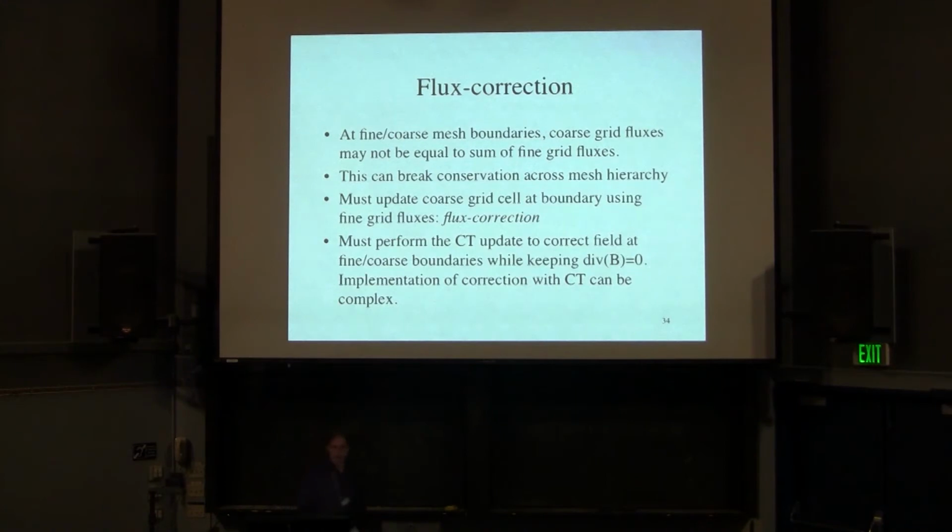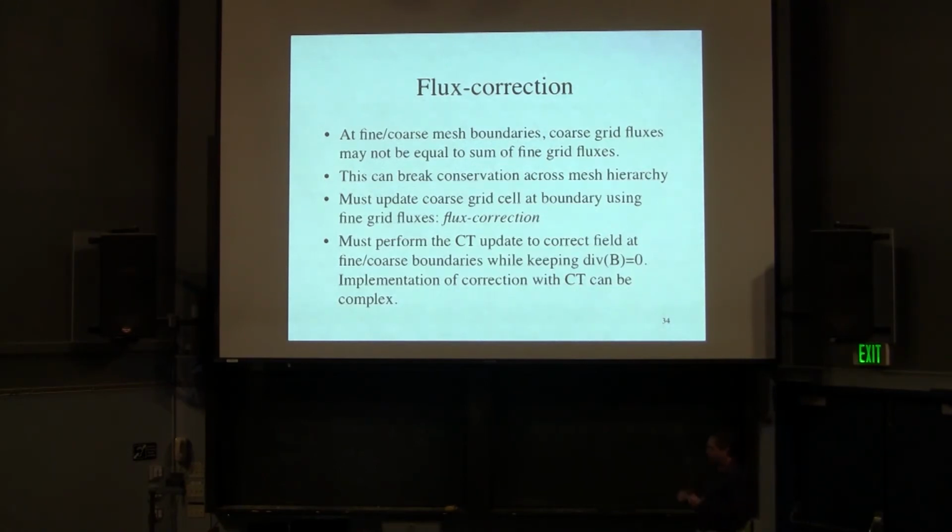Okay, so we have prolongation, we have restriction. The last thing that's important is flux correction. So go back to these fine-coarse boundaries. The amount of material that's leaving the fine mesh is given by the sum of the fluxes on the fine mesh cells.